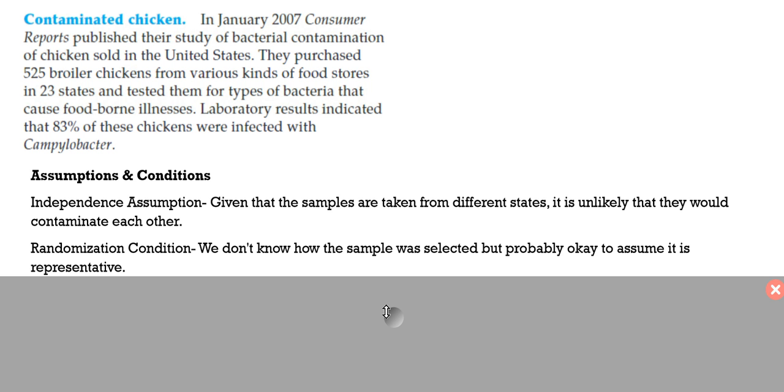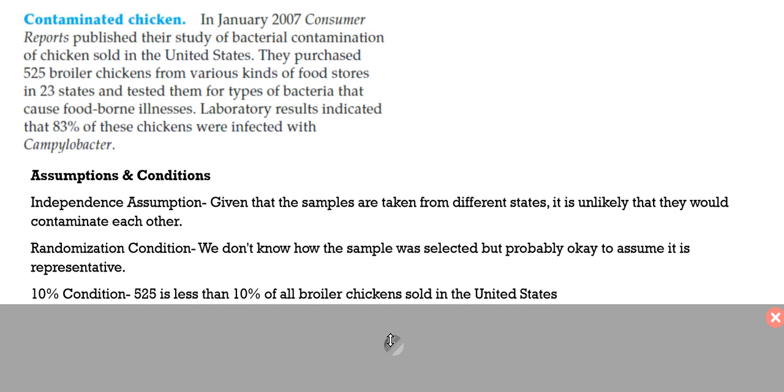That's probably representative of the overall population, which is ultimately why we want random anyway. For the 10% condition, 525 is less than 10% of all the broiler chickens sold in the United States. It's not too big of a sample.